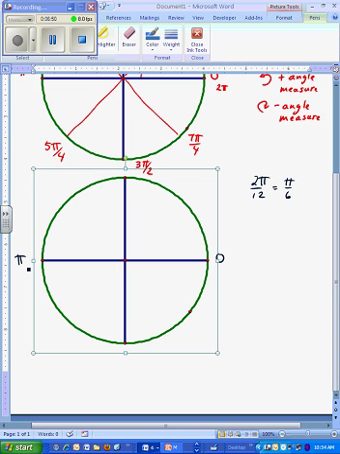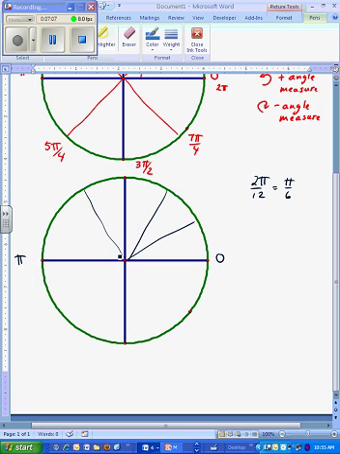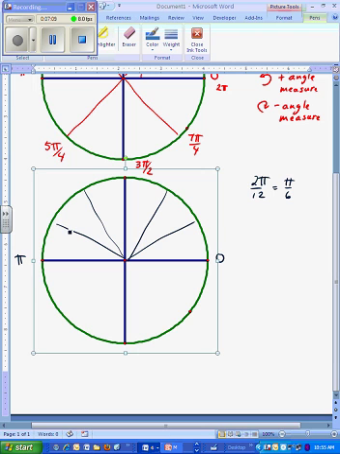I look at my semicircle, and I'm going to split it up into 6 congruent pieces. Now I'm going to be stretched here a little bit to get this perfectly accurate. There would be 1, 2, and 3. So I'm splitting it up into 6 congruent pieces, 1, 2, 3, 4, 5, and 6. So I took pi and I split it into 6 pieces. So this would be pi over 6.